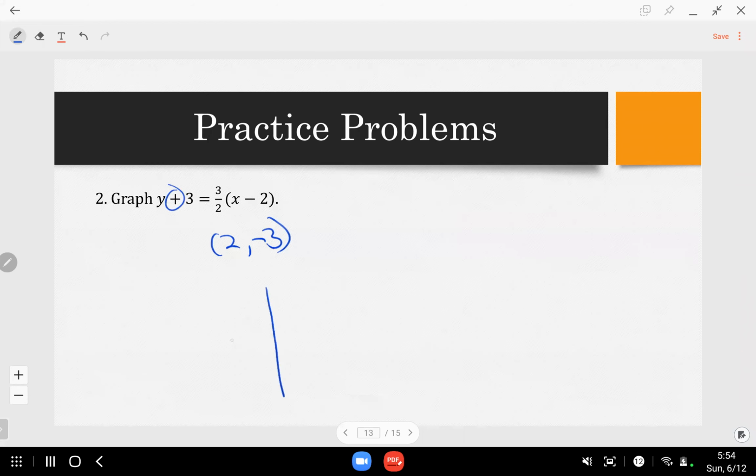That's the point given to us. And then we use the slope, go up by 3, and go to the right by 2, you get something like this. That is our line.